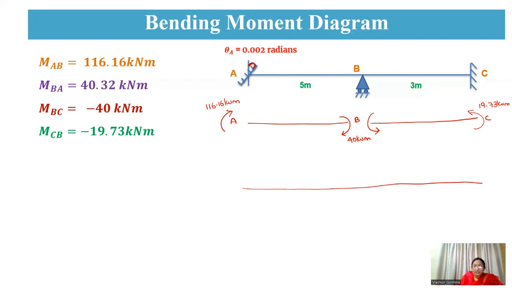Okay. Here it is in sagging nature. So sign convention once again: if it is in sagging nature, positive; if it is in hogging nature, negative. So this is a sagging moment, and this is a hogging moment.